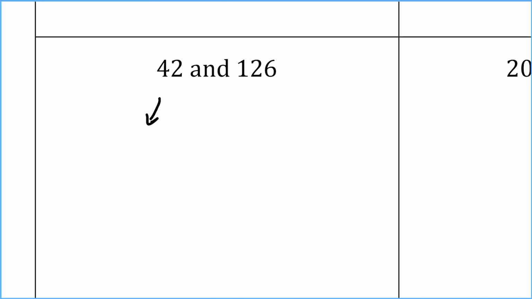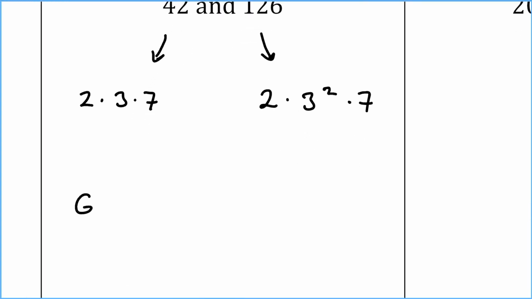We've already done that. So the prime factorization of 42 is 2 times 3 times 7. The prime factorization of 126 is 2 times 3 squared times 7. Now, they both have 2's in common, so we can use a 2. They both have 3's, and they both have 7. And the smallest power on any of these is 1.